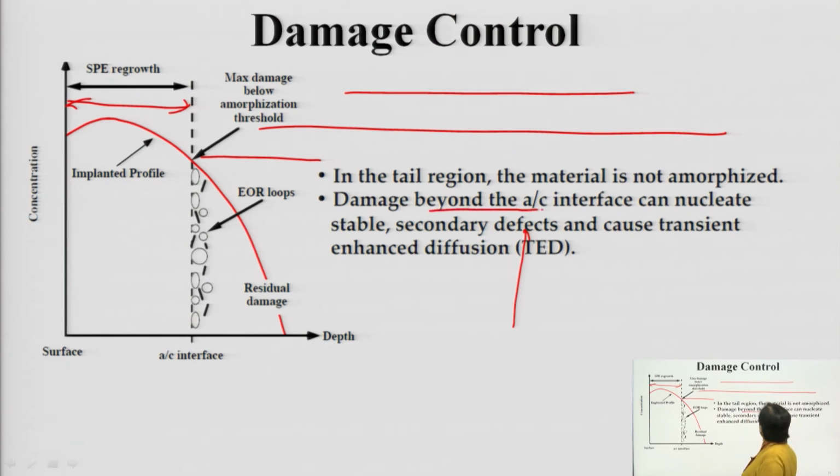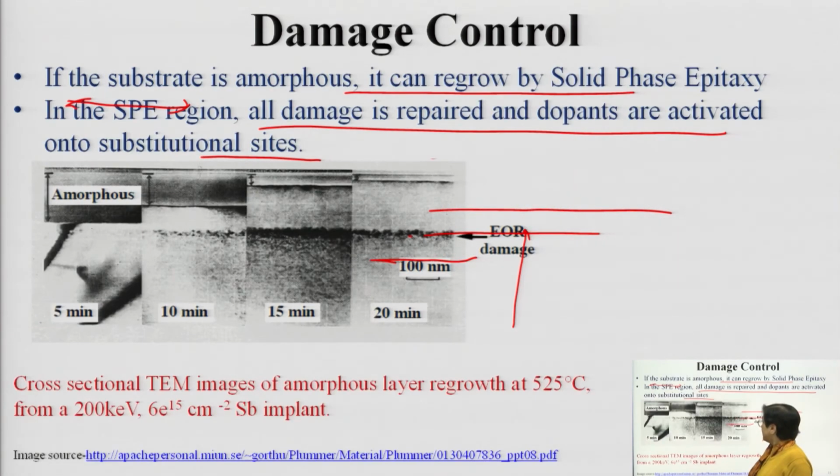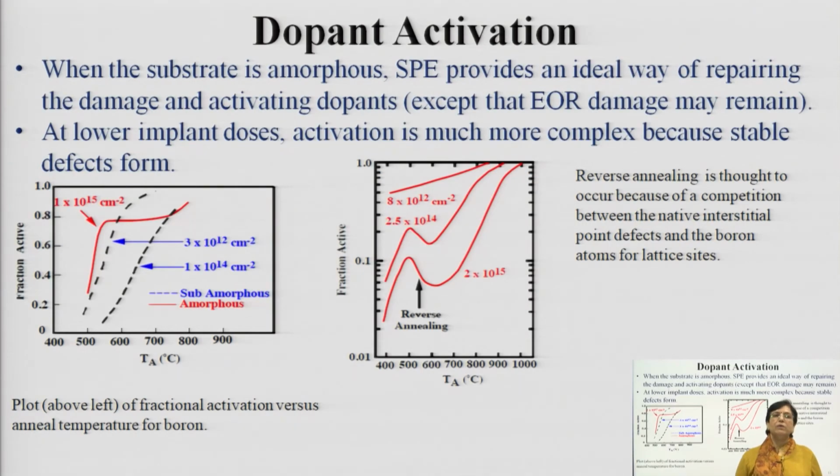Damage beyond the interface is stable, secondary defects are transient. Whenever there is excessive dopant, and amorphization has happened to the crystal structure, we carry out solid phase epitaxy to regrow the crystal surface, so that replication is formed, and regular crystal structures of those amorphized crystals will be automatically regrown and your crystal regularity will be maintained.